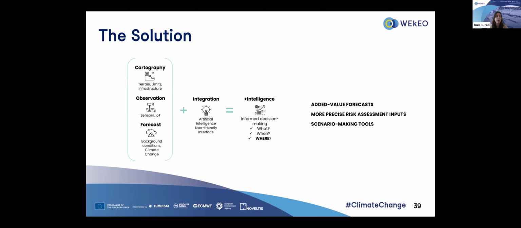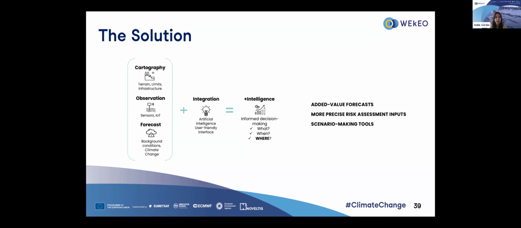So these data streams are brought together through integration mechanisms such as artificial intelligence, spatial modeling, and the result is, of course, a layer of added intelligence, enabling more informed, spatial-aware decision-making, not just what and when, but critically where to intervene. So by combining LCZ classifications with other layers, as the ones I mentioned, we can deliver added value climate forecasts tailored to urban morphology.